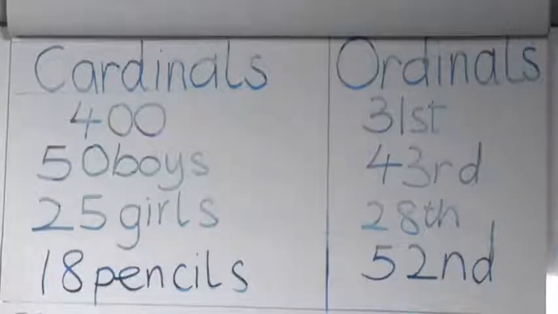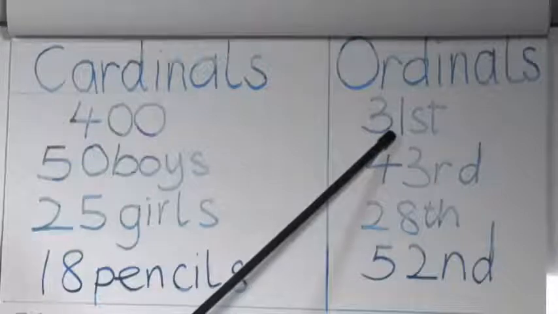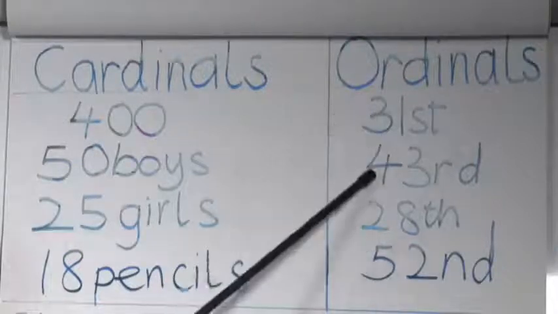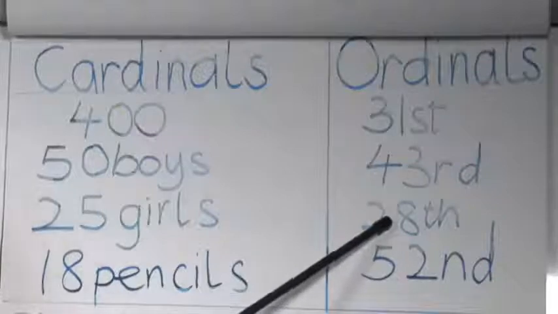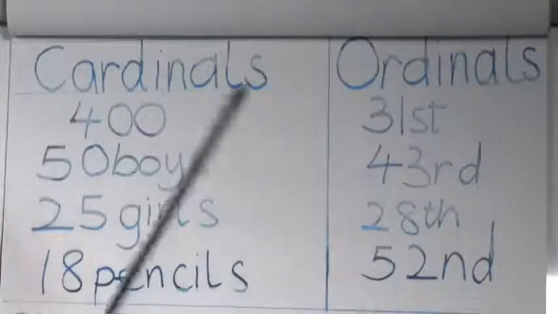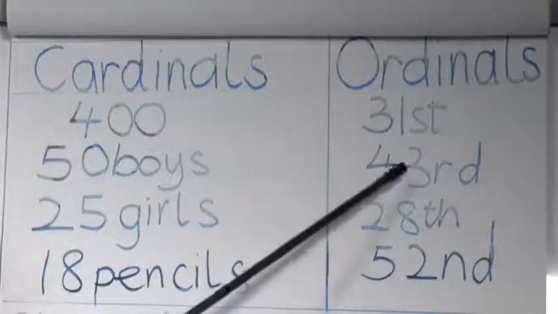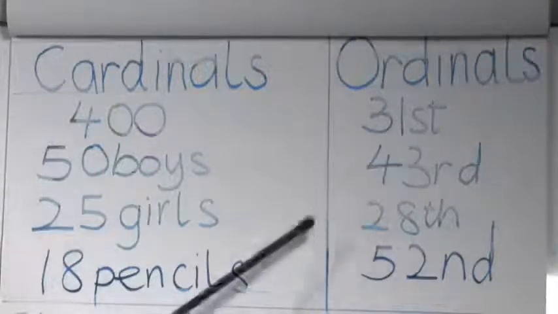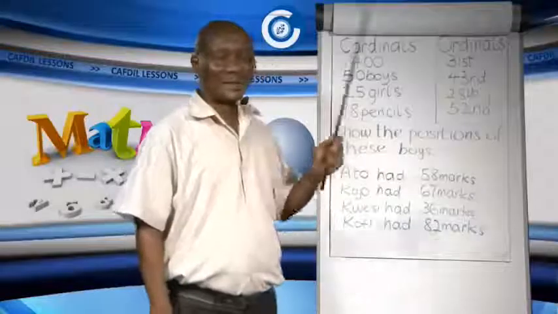Let's go to the ordinal numbers. We have 31st, 43rd, 28th, and then 52nd. They are all ordinal numbers.